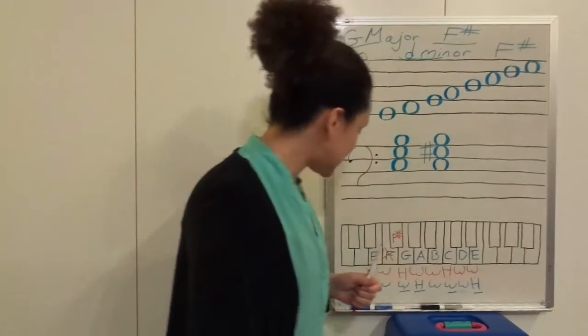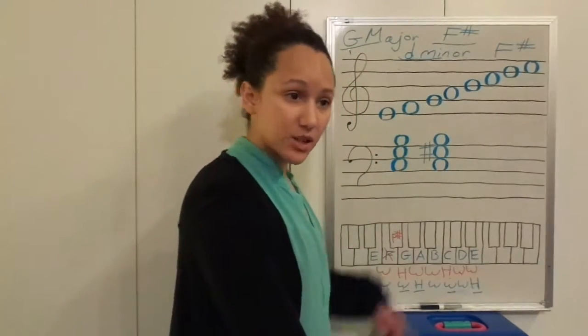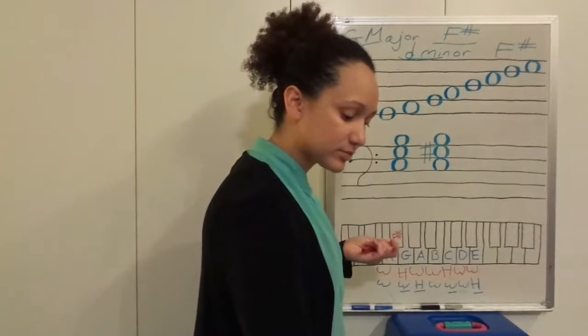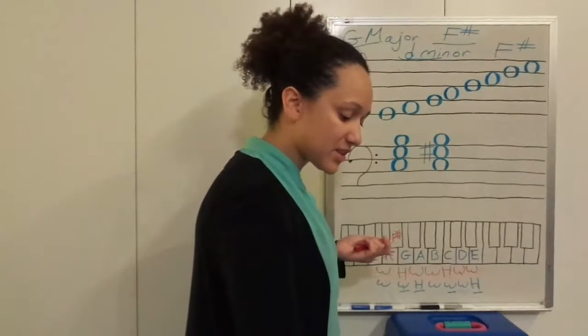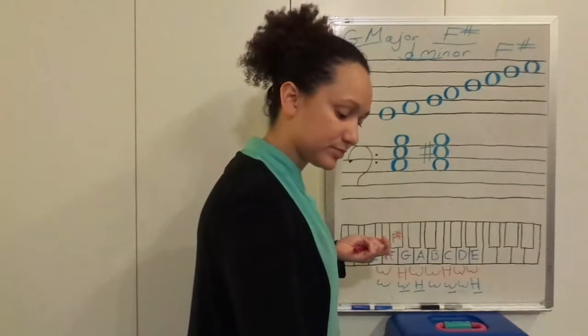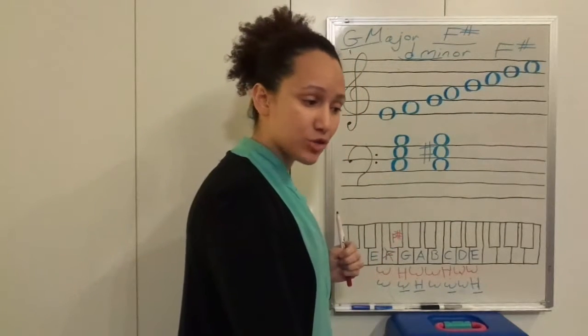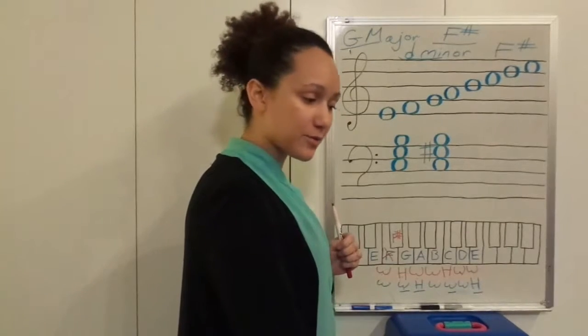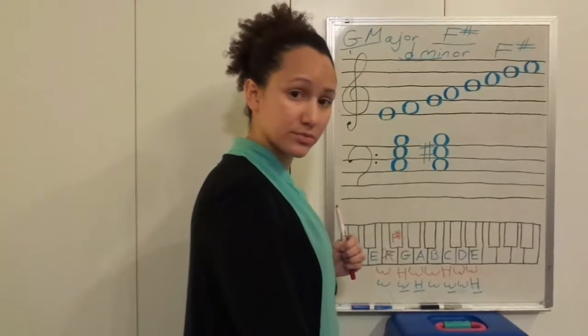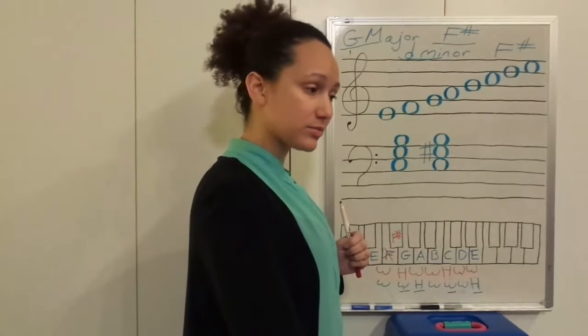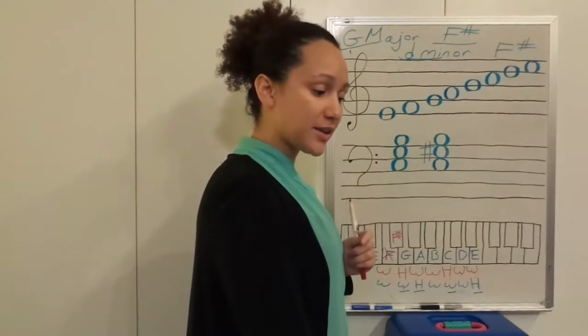So we're going to listen to our major. Listen to E major. And this is our E minor. Listen to the first 3 notes of our major and the first 3 notes of the minor. Major, minor.